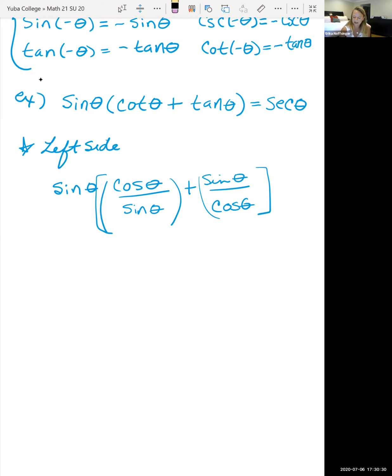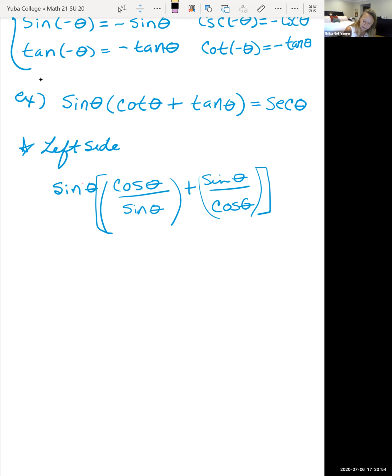I can rewrite this as a single fraction inside my main parentheses, or I can start by distributing. It doesn't matter which way you go. At the end, we should get the same result.